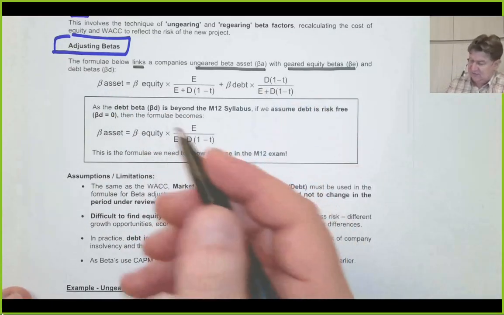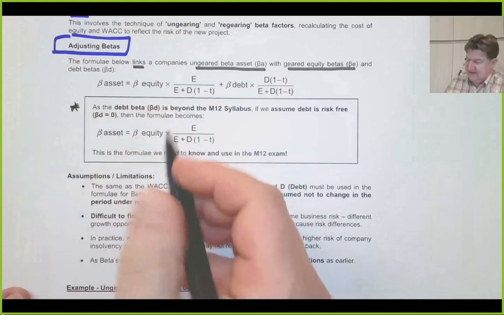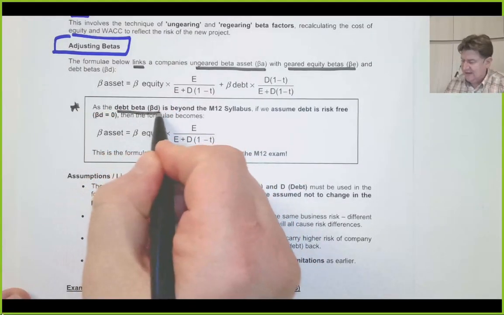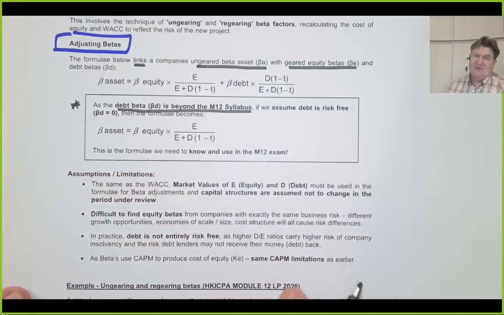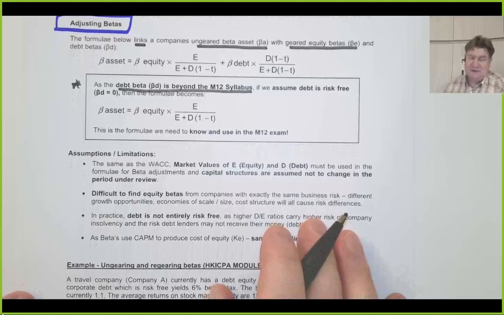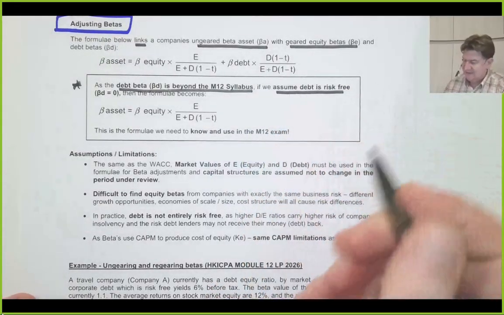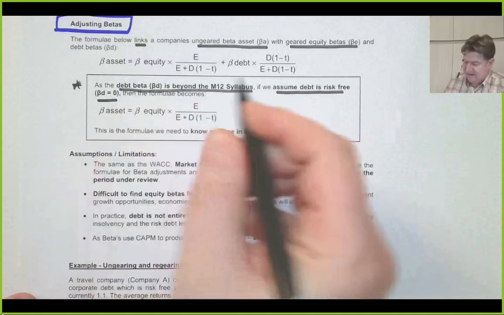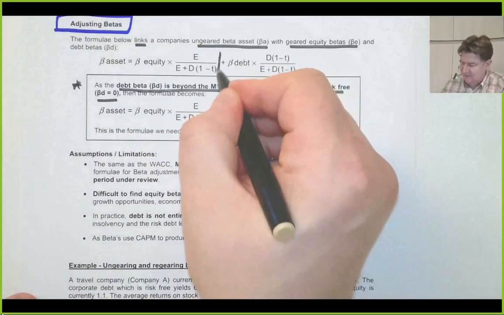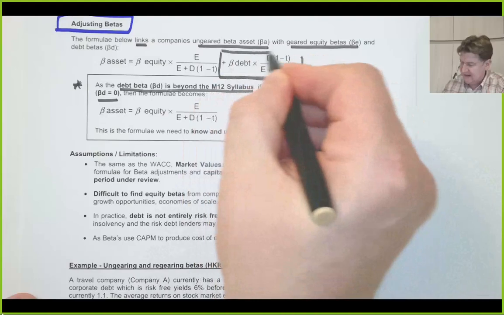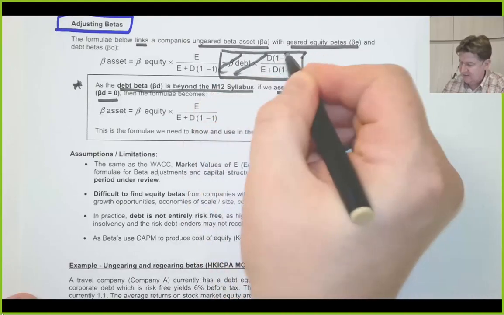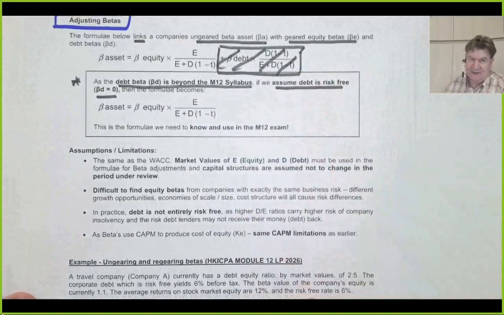Now, what's important is this. In the exam, covering debt betas is beyond our syllabus. So what you need to assume, and we normally assume it, is that debt is risk-free. In other words, the debt beta is 0. So this part of the formula just here now disappears. That goes away.